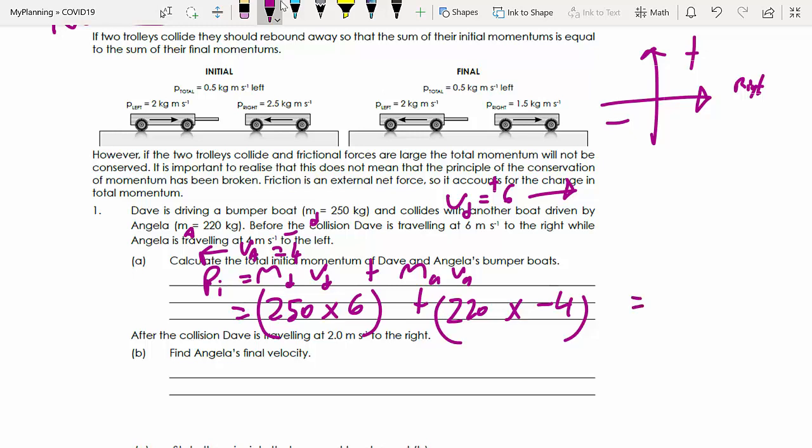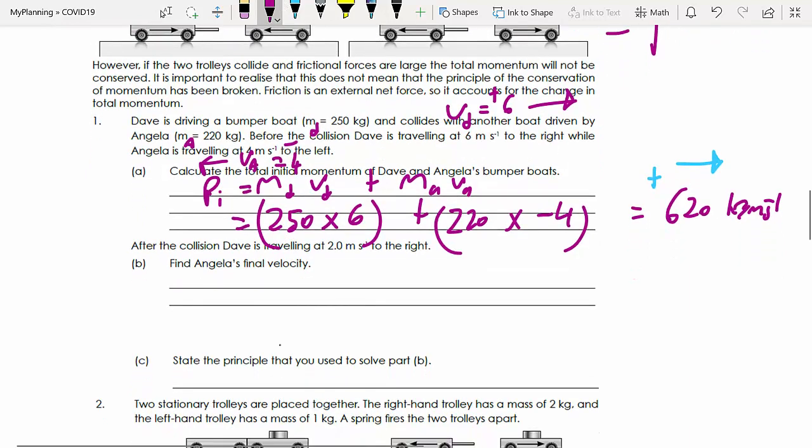The reason one's positive and one's negative is because momentum is a vector, and the direction of the momentum vector is always the same as the direction of the velocity. With that I get 620 kg m s minus 1, and this is a positive number, so it is in the rightward direction.